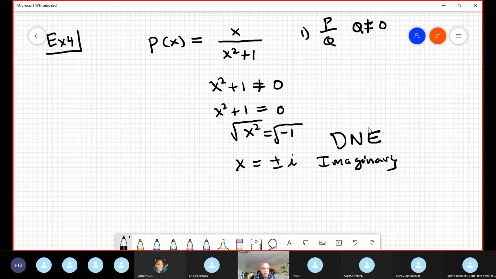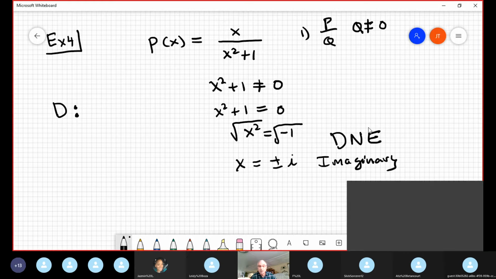Okay, professor. So, what is the domain in this case, if we have no restriction? Remember the assumption: the initial supposition is that the domain is always all real numbers.